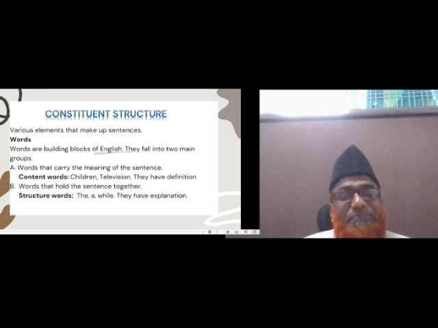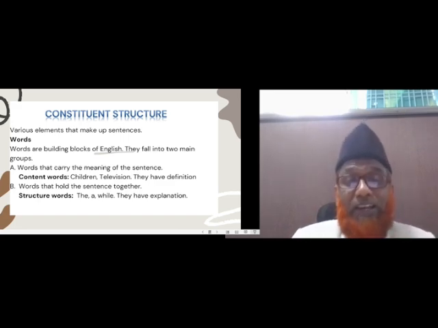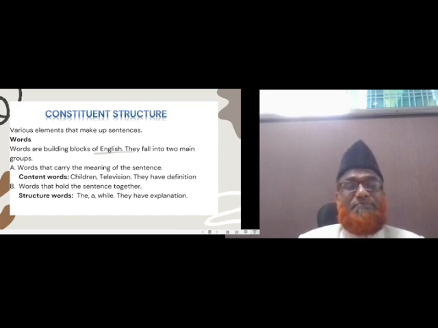The dictionary will tell you that these words, the, a, while, will help you structure a sentence, will help you structure a sentence.